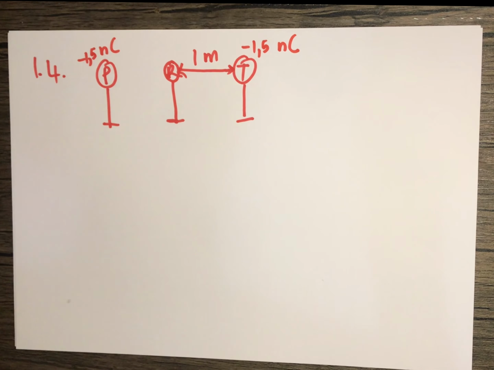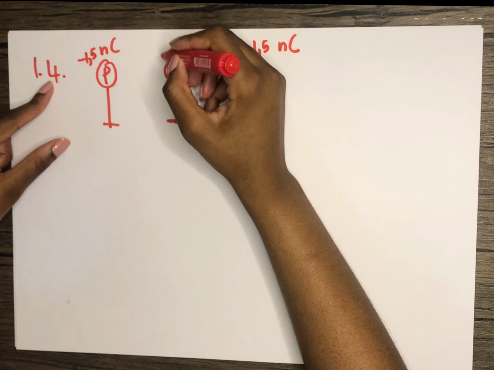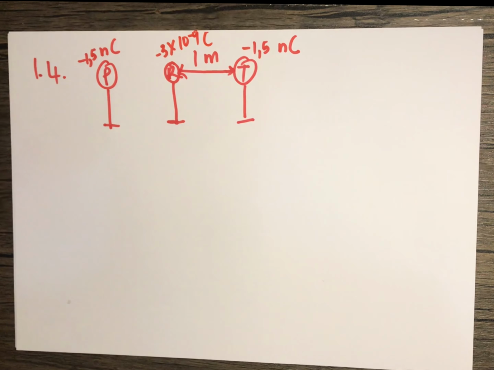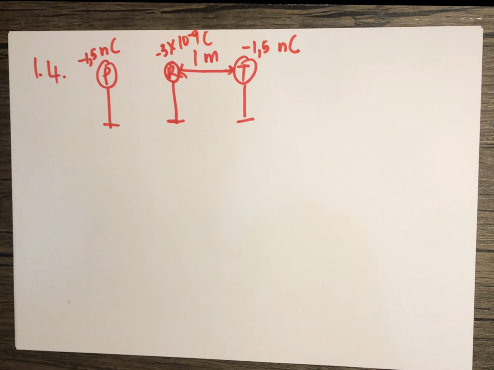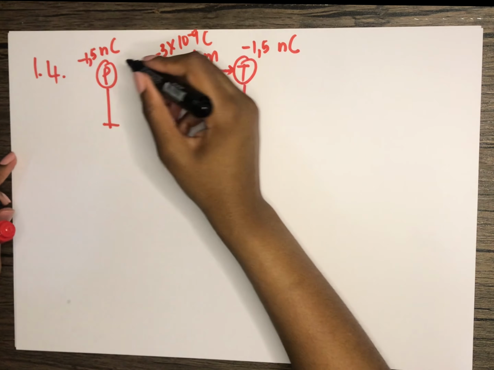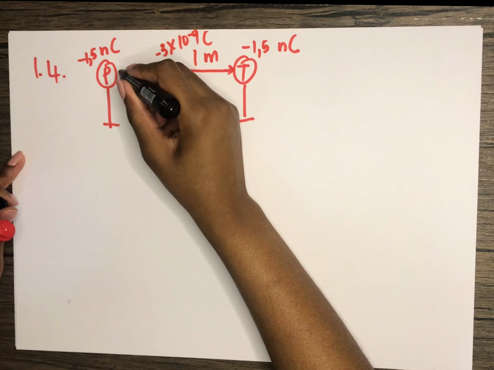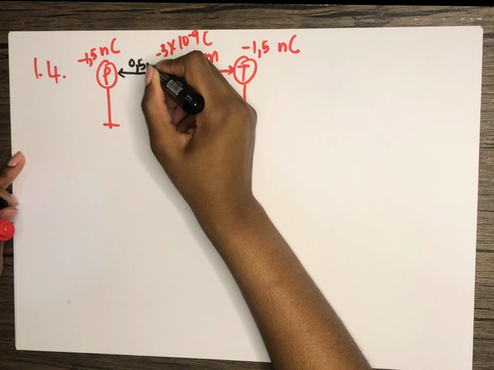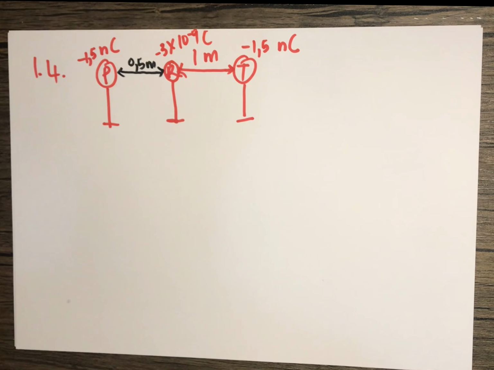And R, you are told, has a charge of negative 3 times 10 to the power of negative 9 coulombs, which is also nanocoulombs, right? And if the distance between P and T is 1.5, then it's obvious that the distance between P and R must be 0.5 meters. That is the distance.